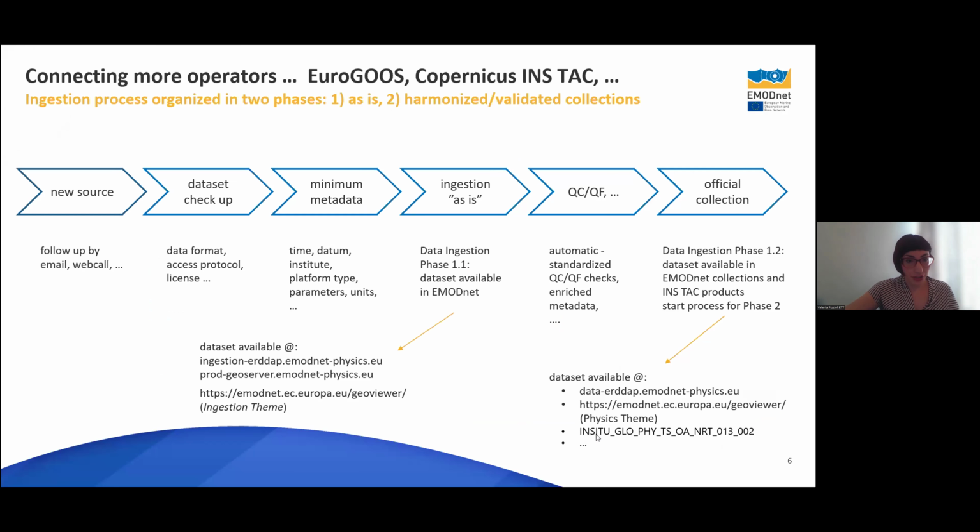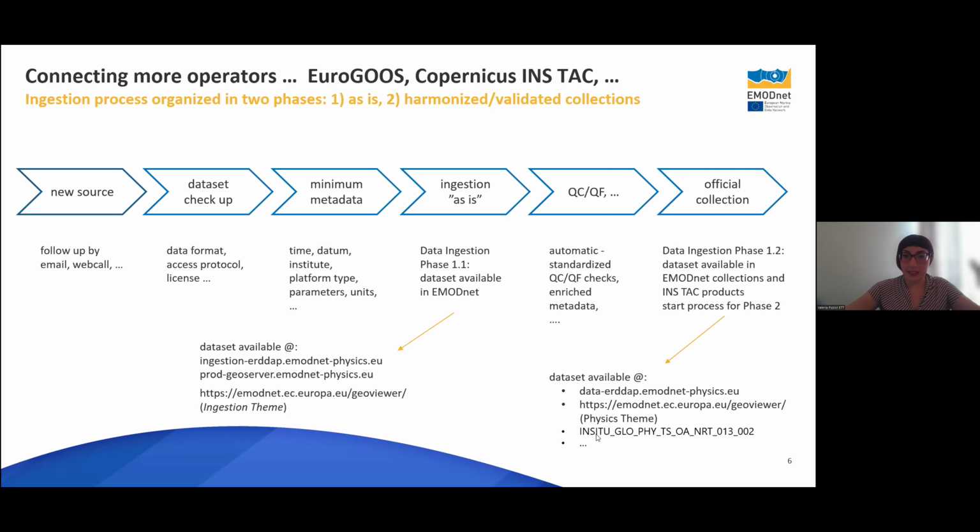So the ingestion process in EMODnet is organized into phases. So this is basically a process that allows not only the presentation of data as is, but also brings the data to become a harmonized and validated collection.